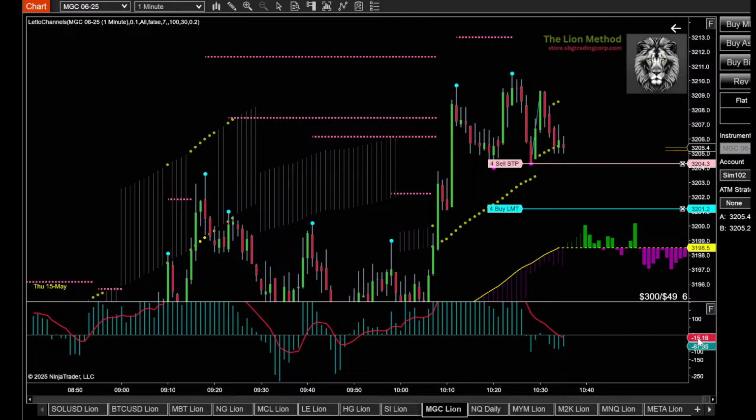Not the conviction strength that I was hoping for. Right, we might get short here any moment.